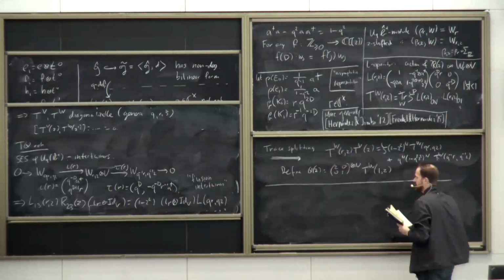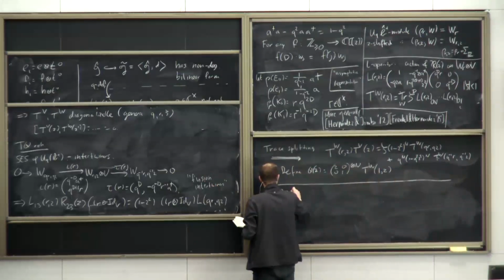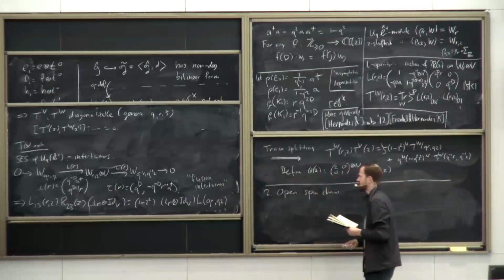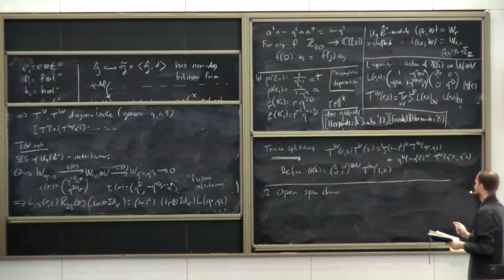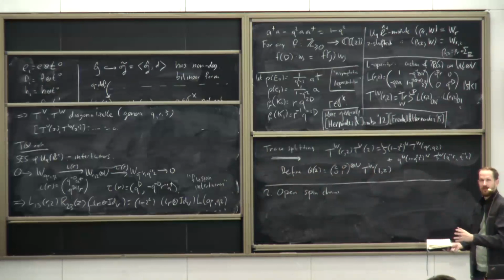And so let me just say some words about the open spin chains. So this derivation of the TQ relation is not literally what appears in the papers by Barzhanov, Lukinov, Zamolodchikov, although you can kind of... it's just the ordinary transfer matrix.